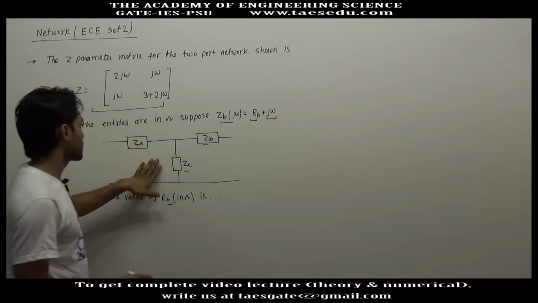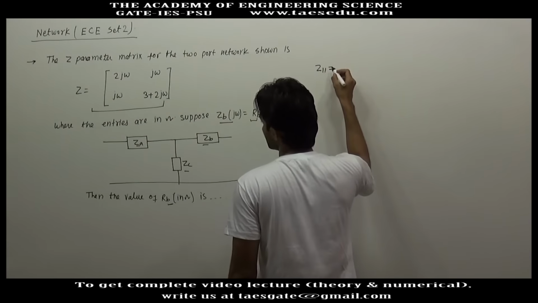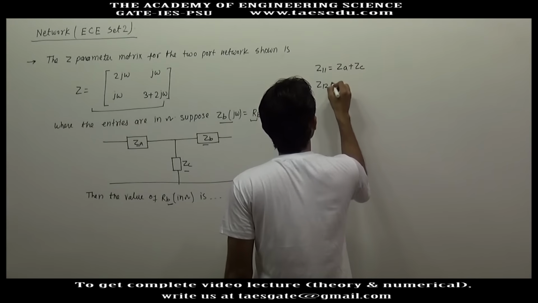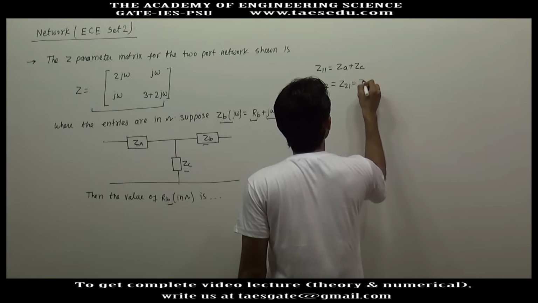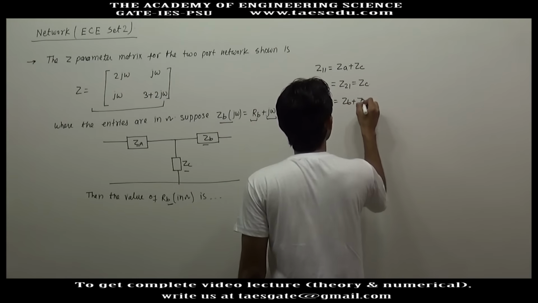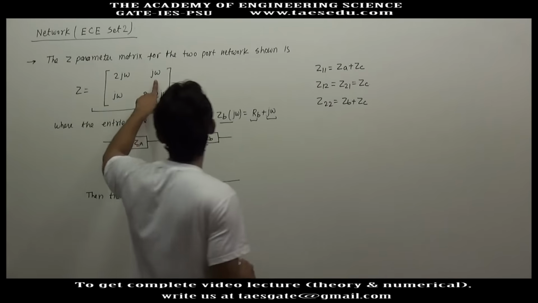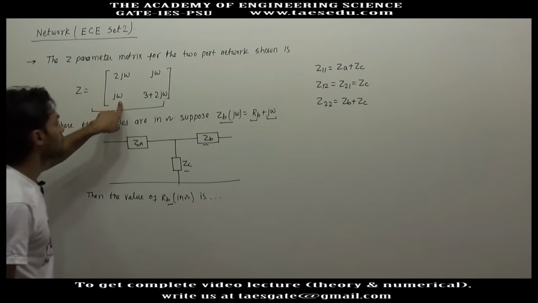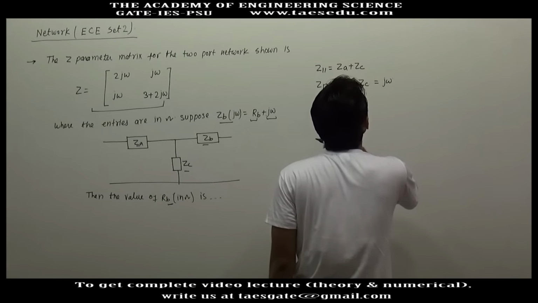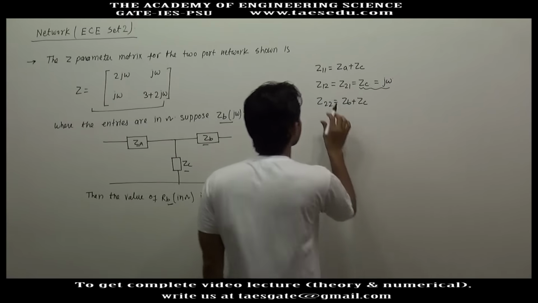For this T network, the formulas for the Z parameters are Z11 equal to ZA plus ZC, Z12 equal to Z21 equal to ZC, and Z22 equal to ZB plus ZC. Z12 equal to Z21 is given as j omega, so ZC equals j omega.